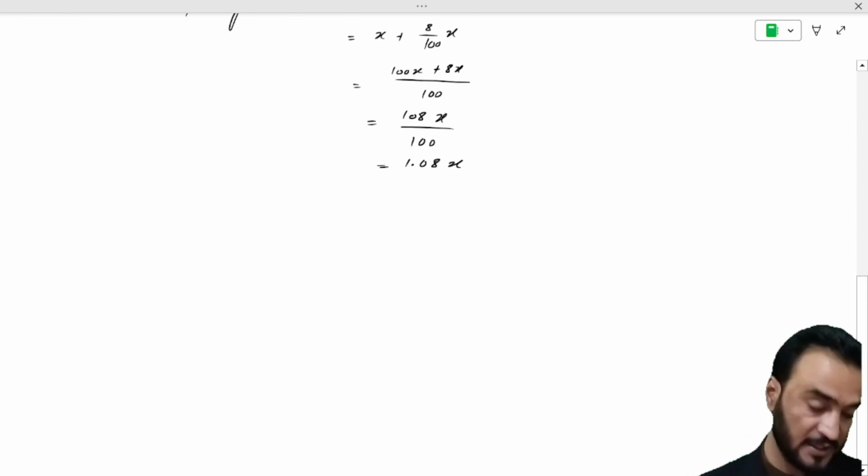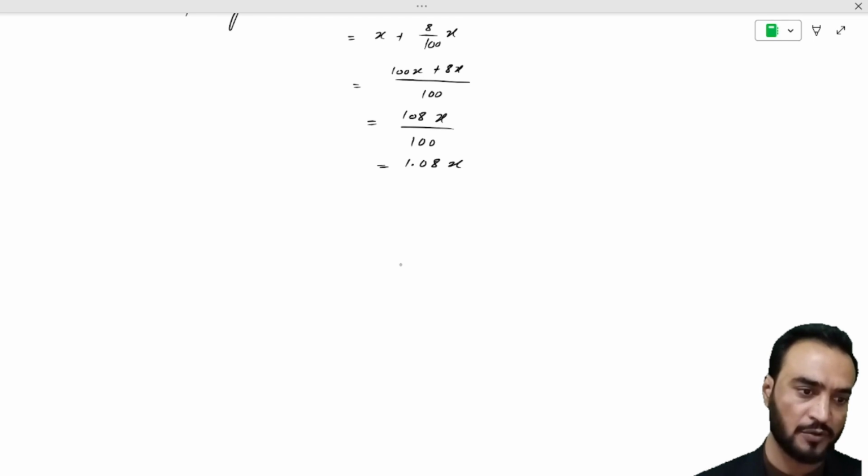Now the number of passengers in 2012 is 8% more than the number of passengers in 2011. That is, the number of passengers in 2012 is equal to 1.08 of x.